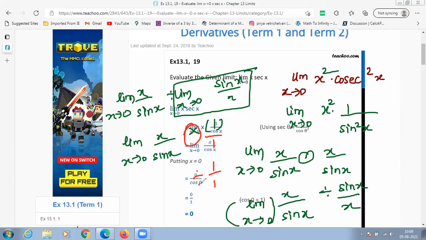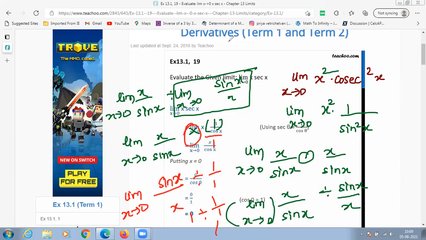Change this into the division process, and now you can switch this fraction, so this will become the numerator and that will become the denominator. So we'll be having limit x approaches 0. Again, according to that limit property, this will be 1, and 1 divided by 1 by 1 will be 1 only. So the final result is 1. Understood?